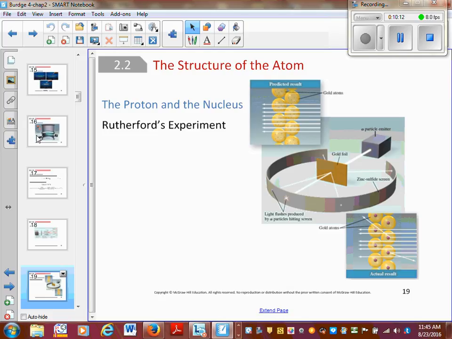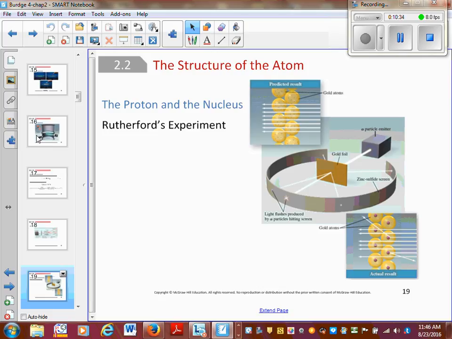An atom has no charge, so you've got to have an equal number of positives and negatives. So if you have a bunch of atoms next to each other, let's say gold foil. Gold foil is what state of matter? Solid. So I'm going to bombard that with alpha particles.